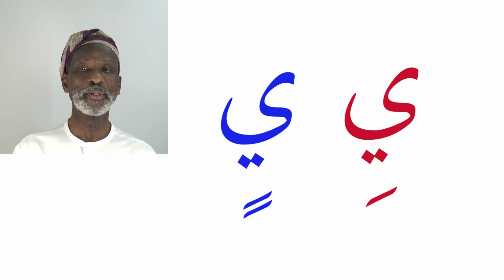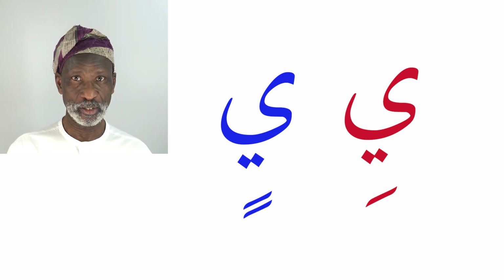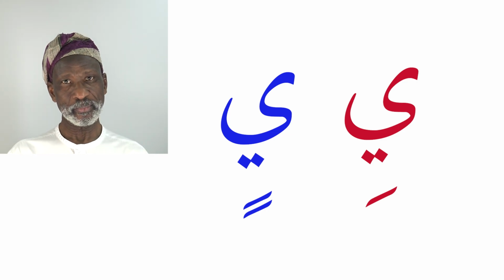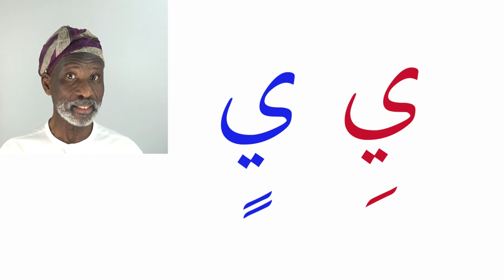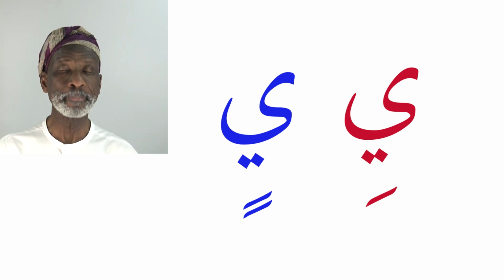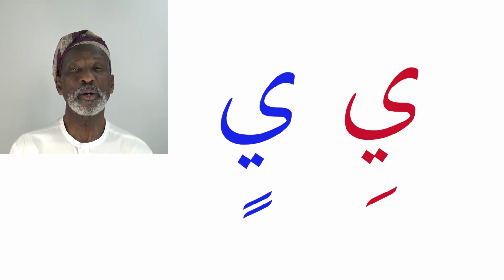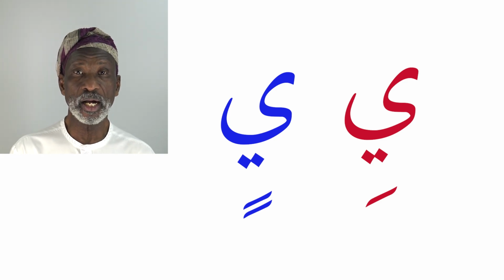MashaAllah. Ahsantum. Let's try the tenween damma then. Two damma. By the way, two damma can be written separately or combined. All right. Let's start with the alif with hamza.